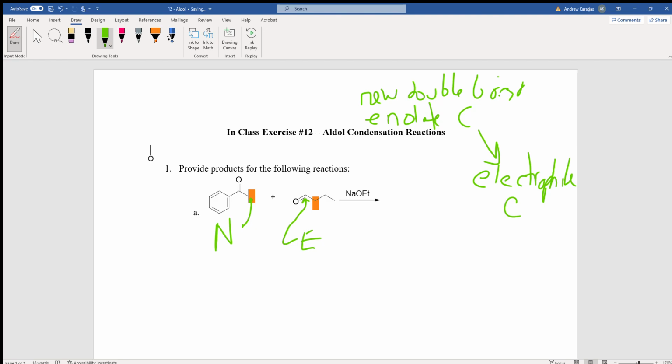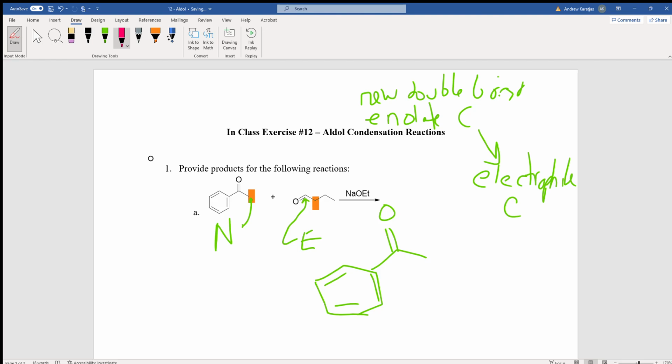Remember, we said in this reaction that the product is going to be that we form a new double bond from the enolate carbon. So the carbonyl that started as an enolate, that piece in many ways doesn't really get changed. And then we're going to draw a new double bond to the enolate carbon.